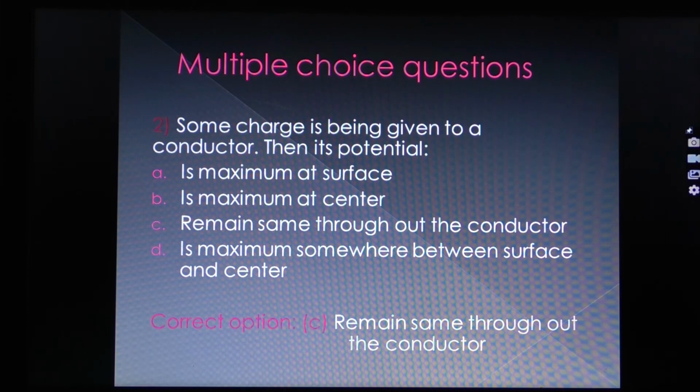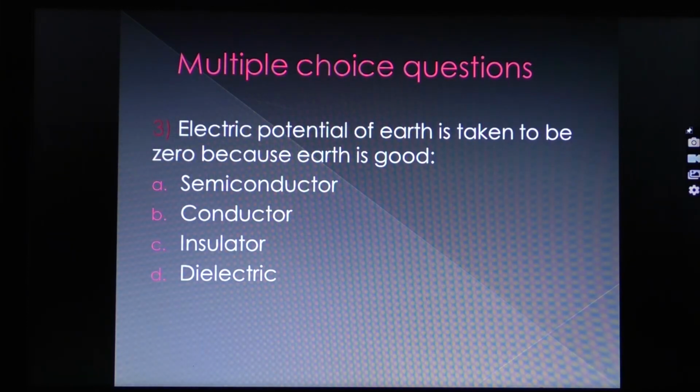All right? Number 3. Electric potential of Earth is taken to be 0 because Earth is a good: A, semiconductor; B, conductor; C, insulator; D, dielectric. The correct answer is conductor. All right? Earth is a good conductor.